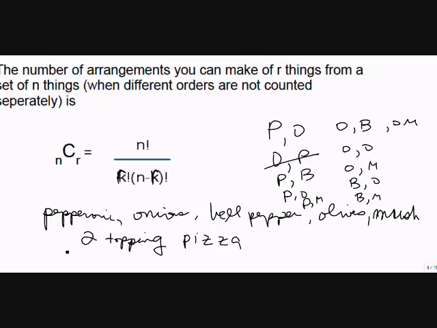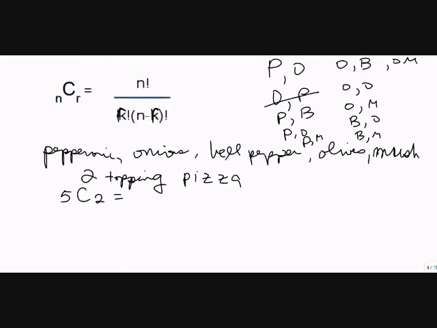Let's see what 5 combinations of 2 turns out to be. By formula, it's 5 factorial over R factorial times 5 minus 2 factorial. I kind of have it screwy there.